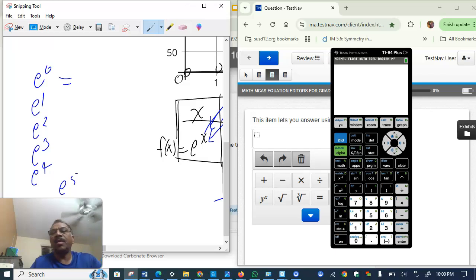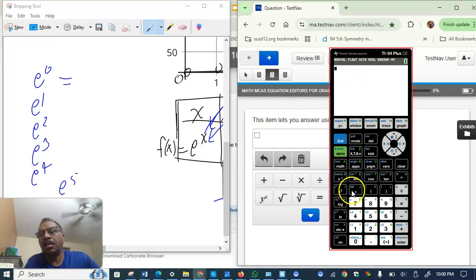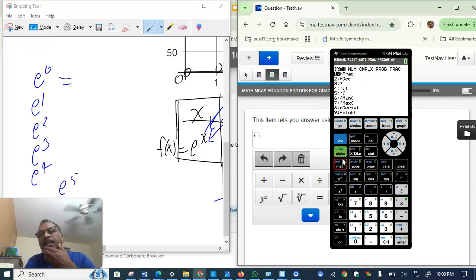Even though we know the answer, I'll still click here. Click on second ln. Oh, sorry, I made a mistake. Let me go back and click on second ln. There it shows e, put a 1 and then enter.